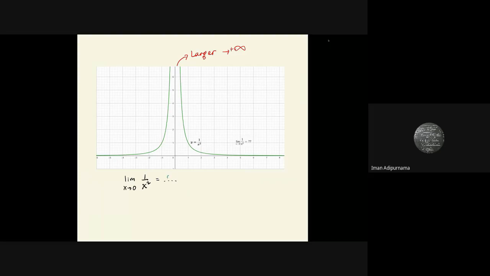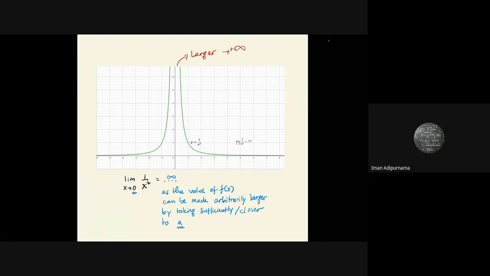I will write this as: the value of f of x can be made arbitrarily large, as large as we please, by taking x sufficiently close to some number a, like this is 0.